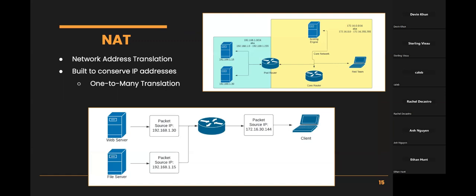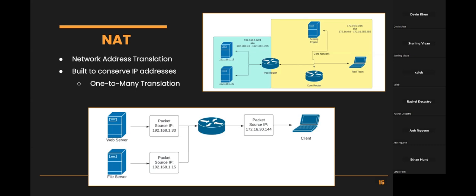I'm going to briefly explain NAT. It stands for Network Address Translation. It's basically a way to conserve IP addresses. Usually in a home network, you'll have a one-to-many translation. Within your local network, when you send traffic to other servers or devices within your own network, you'll usually use the local IP.